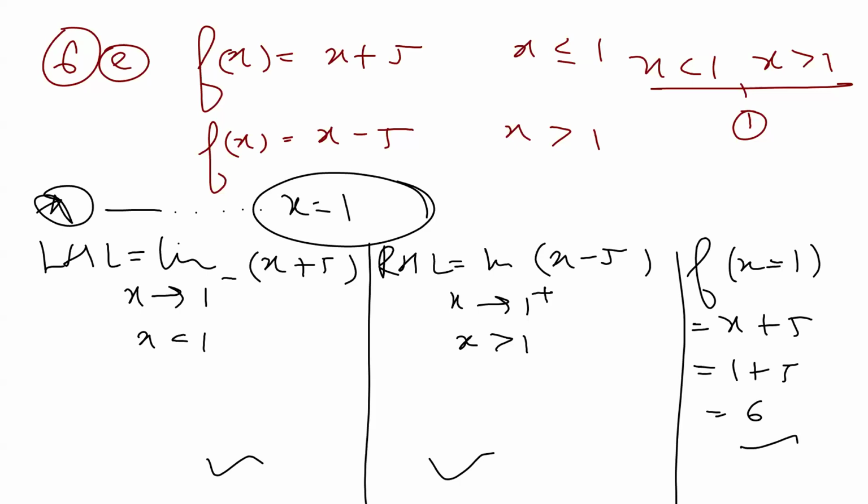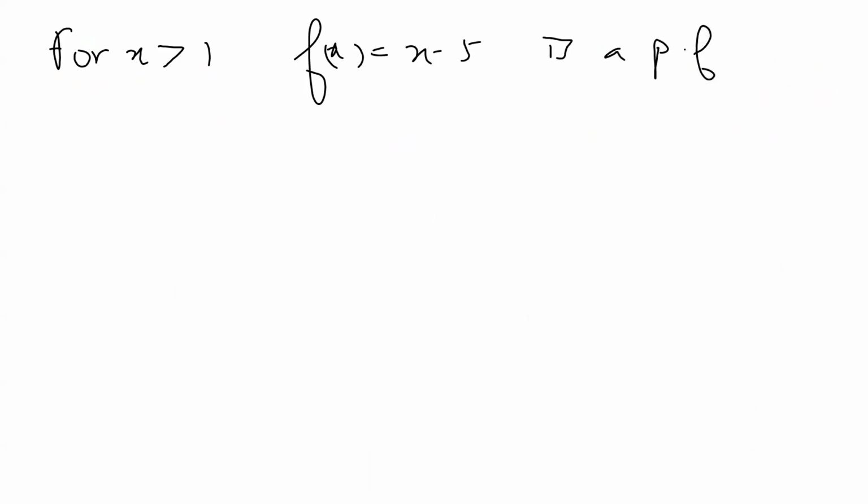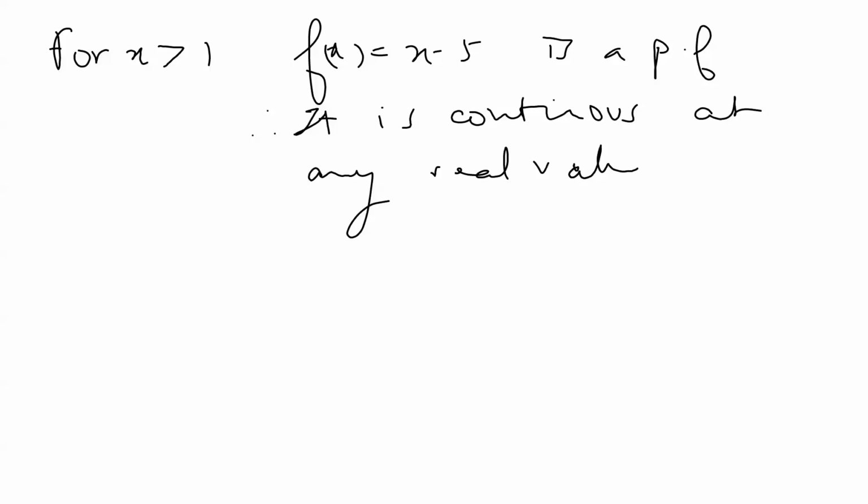Second part, it's like the previous problem. For x greater than 1, f of x is equal to x minus 5, which is a polynomial function. Therefore, it is continuous at any real value of x greater than 1.